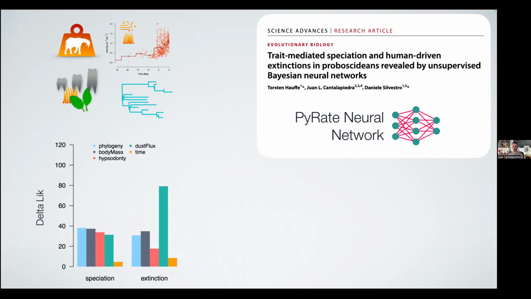But one of the cool things about the Pyrate neural network, the proper name, I think, is birth-death neural network, so it's BDNN, is that you can then not just rank these things, but also isolate the effects. So you can think about this model as a huge regression where you can isolate the effect of each variable and what slope it has.